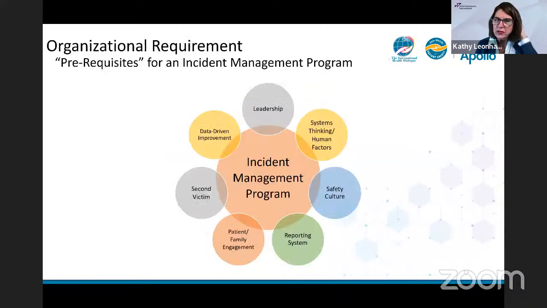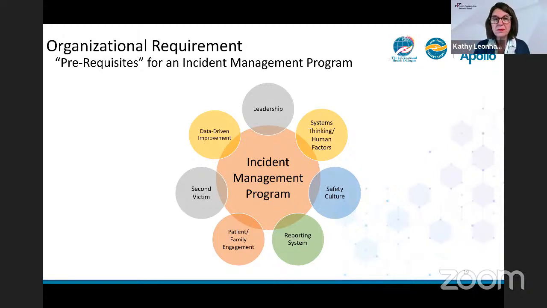So we've reviewed the 4 phases. You've heard about some tools, some that you're probably familiar with: the process map, comparative timeline, the fishbone, 5 whys and control chart. But all those tools, the RCA approach, are irrelevant if you don't have an organization that supports that open, transparent approach to reporting adverse events, analyzing them, and using data to drive your improvement.